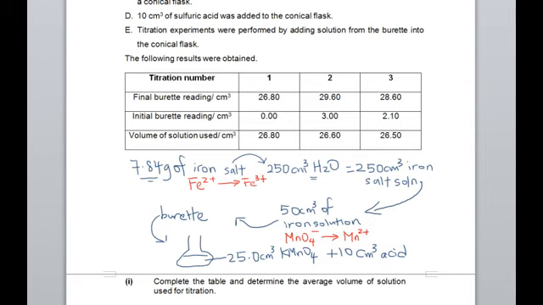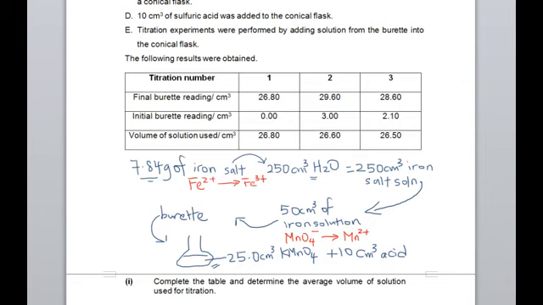On the other side of the experiment, you have a conical flask over here and you place 25 cm cube of KMnO4 together with 10 cm cube of sulfuric acid. Next, you are going to do a titration of the KMnO4 with the solution in the burette.